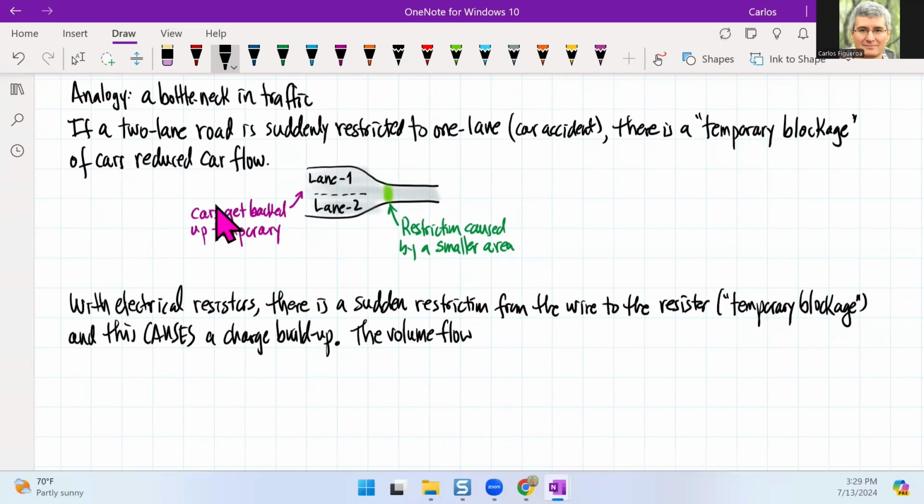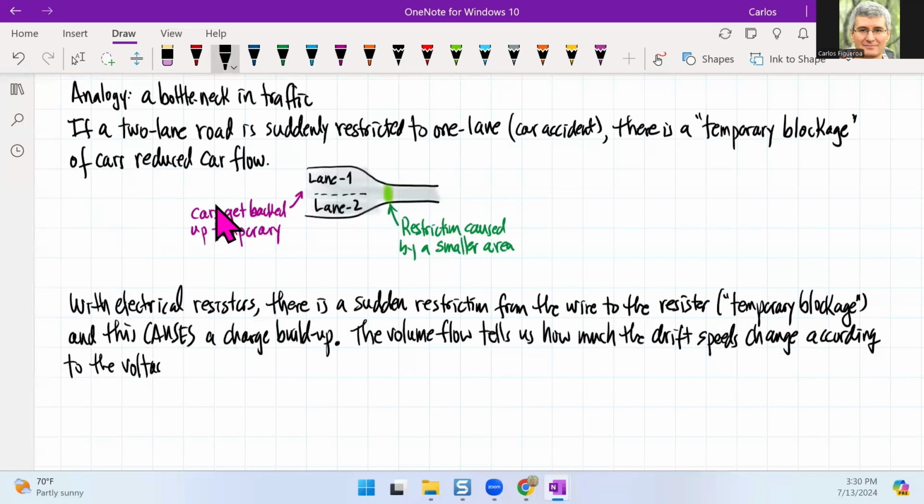So the volume flow tells us how much the drift speeds change according to the voltage.